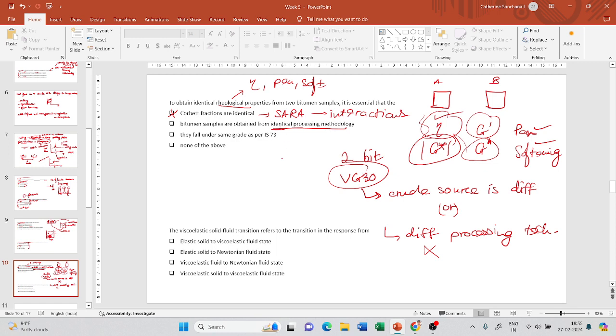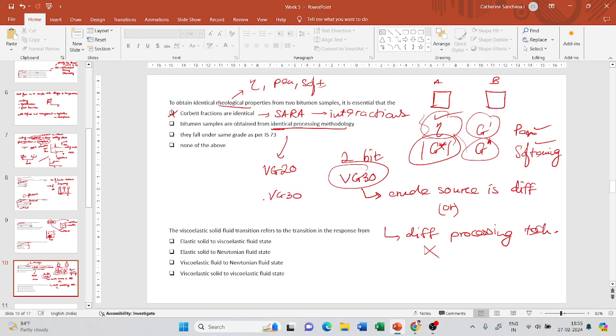Just because they both have identical processing methodology, they need not have identical rheological properties, because here they did not tell you whether from this identical processing methodology they produced a VG20 bitumen or a VG13 bitumen.